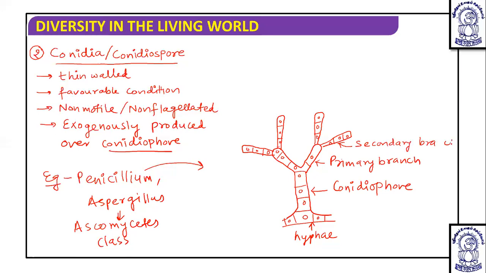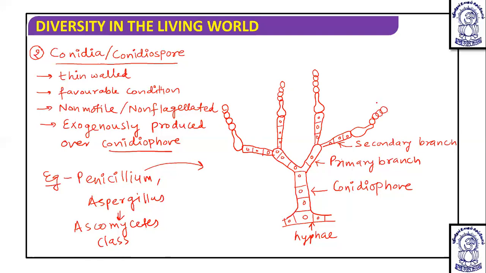And over the primary branch, you will see the secondary branch. And over the secondary branch, you will see the development of a flask-like structure like this. And over the flask-like structure, you will find the development of a chain of conidia, a chain of conidiospores.